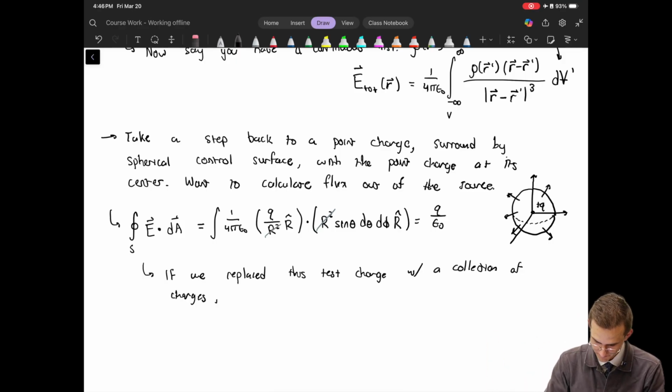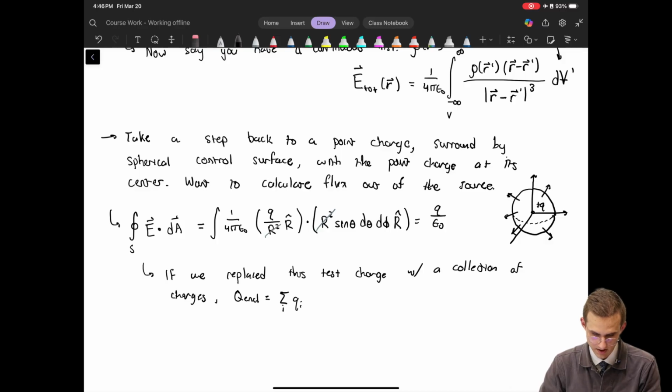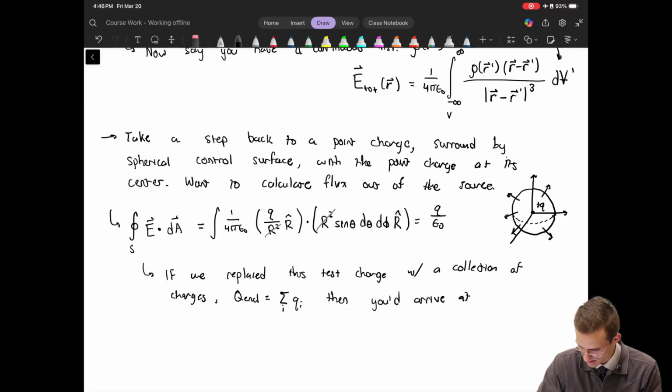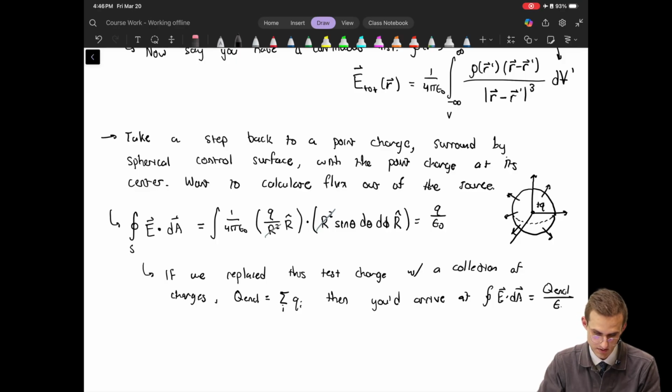And so if we define the Q enclosed as the sum over i of all the point charge values, then you'd arrive at the integral of E dot dA is equal to Q enclosed divided by epsilon naught.